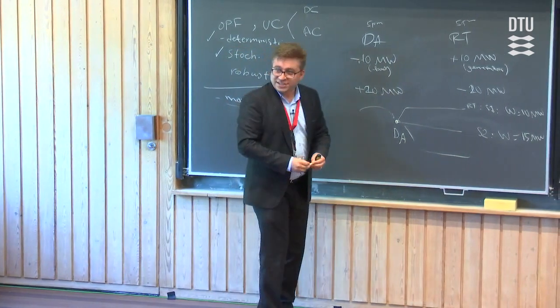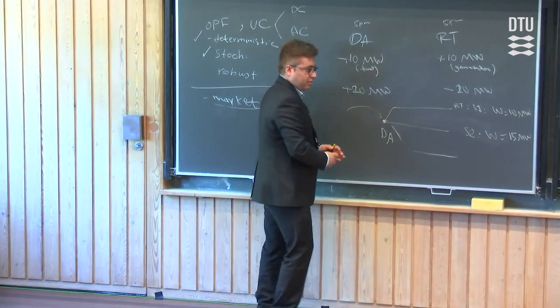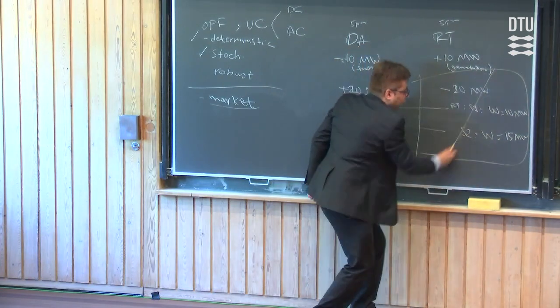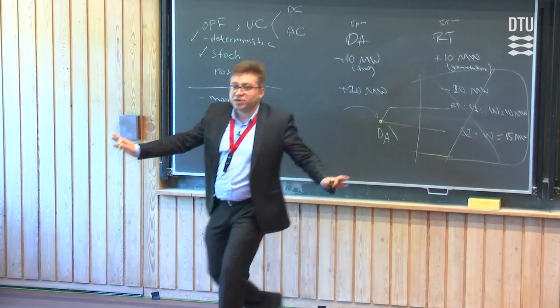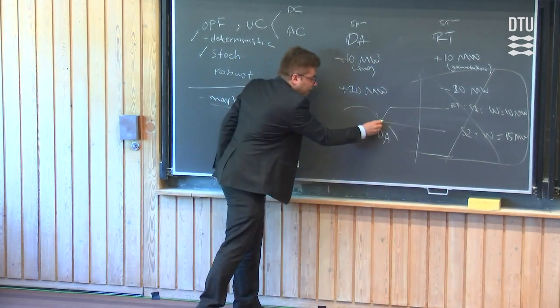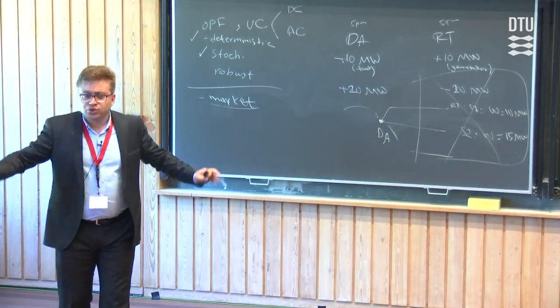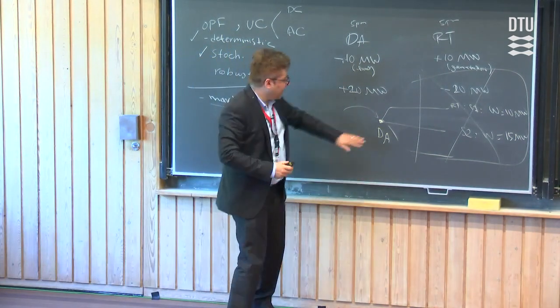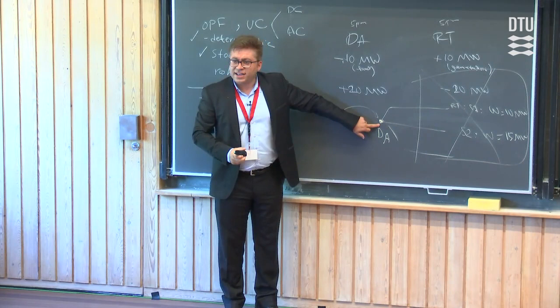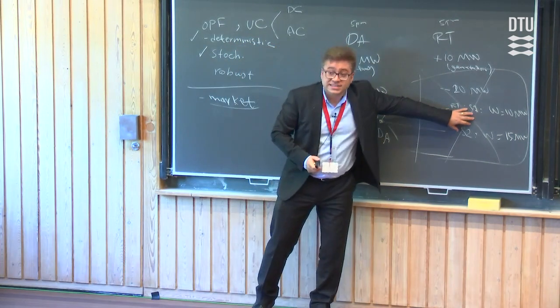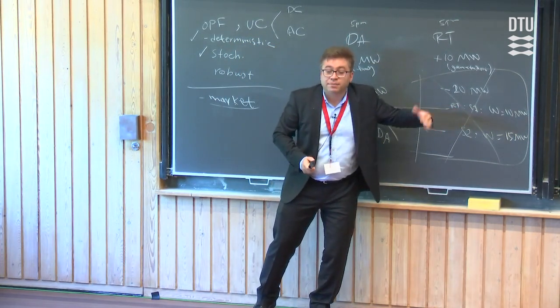But if it's deterministic, assume that you don't see this part anymore. In deterministic, you are saying that, well, my forecast for tomorrow is 10 megawatt. That's it. So for a 10 megawatt wind forecast, you make your day-ahead decision. You clear the day-ahead. But you don't know, if some other scenario happens, what will happen in real time.